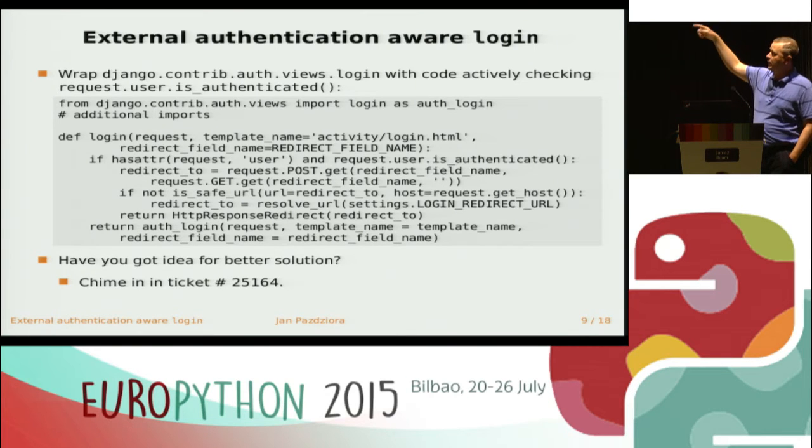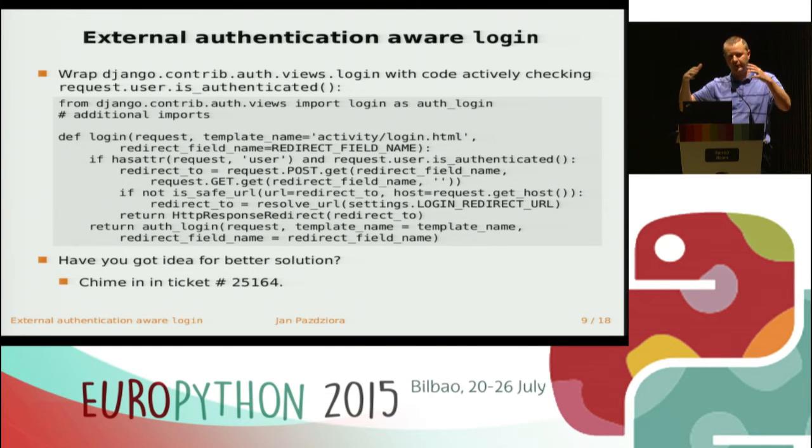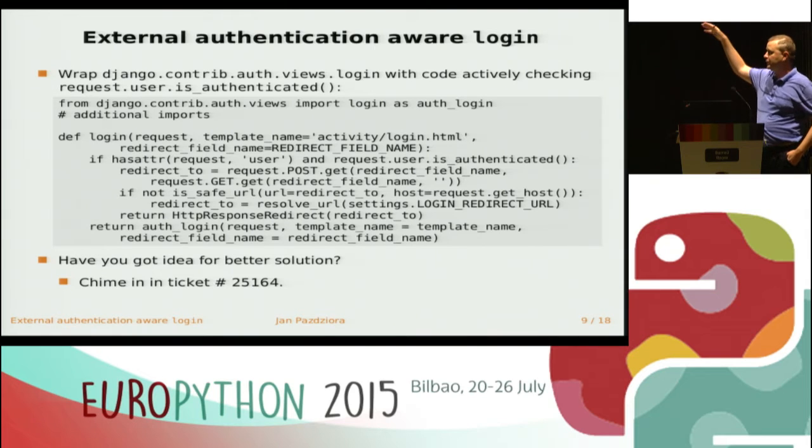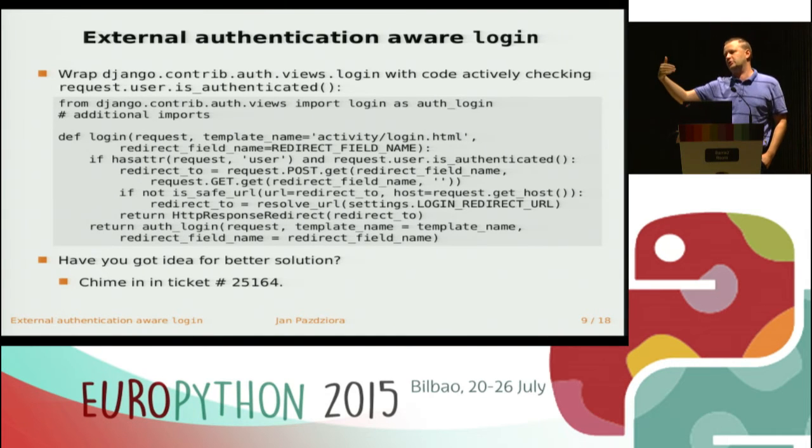And of course, it can inherit from the standard auth views, but if we check that the user is authenticated, we just redirect to whatever the landing page of that login page is. So if we click the login page and the user happened to be authenticated before the handler got a chance to be invoked, because some middleware kicked in and found that remote user populated, we'll just say, well, okay, you are authenticated, fine.